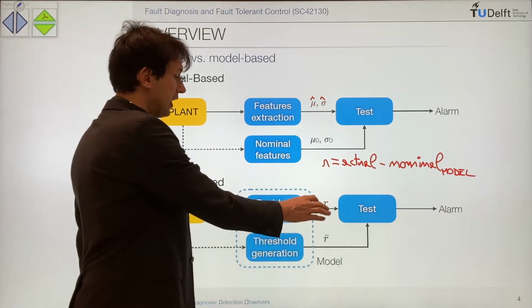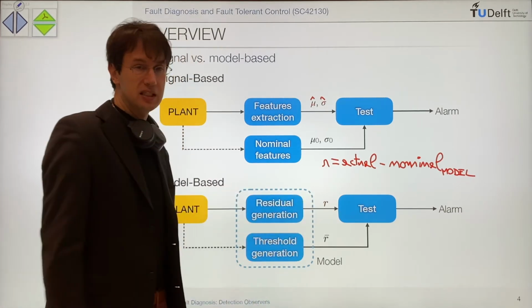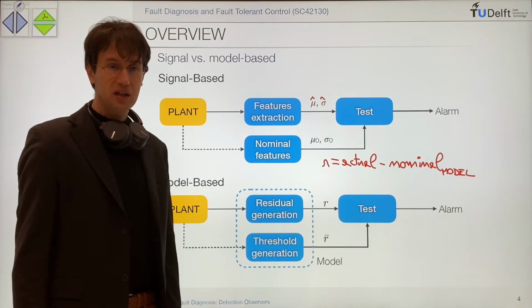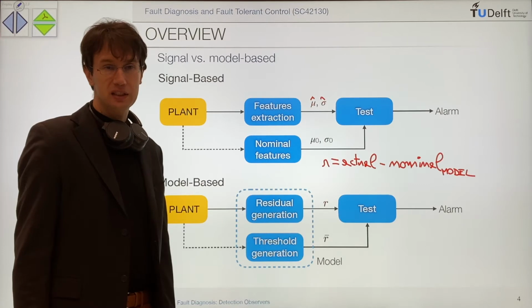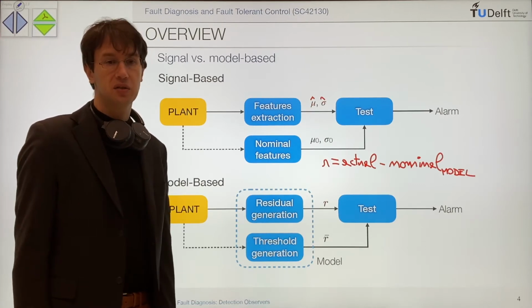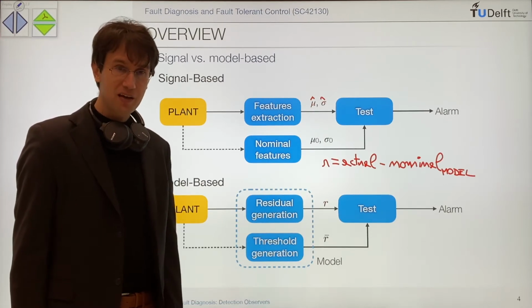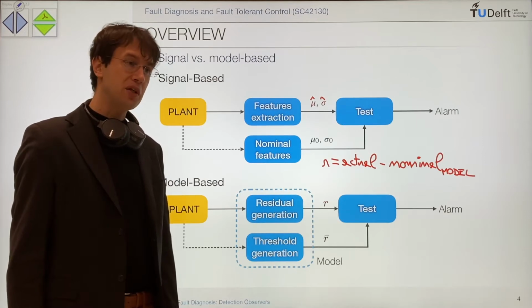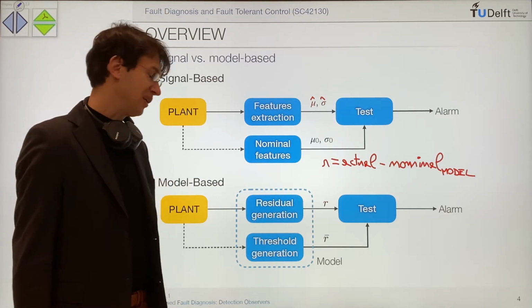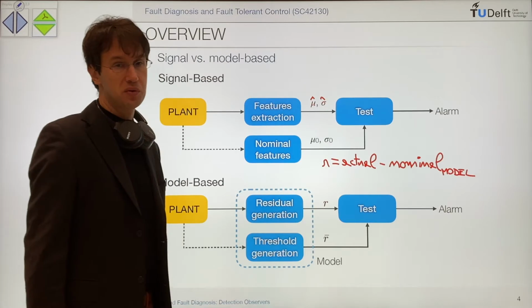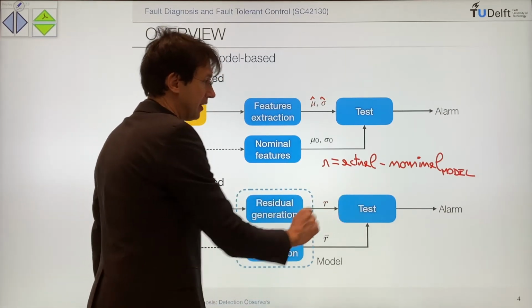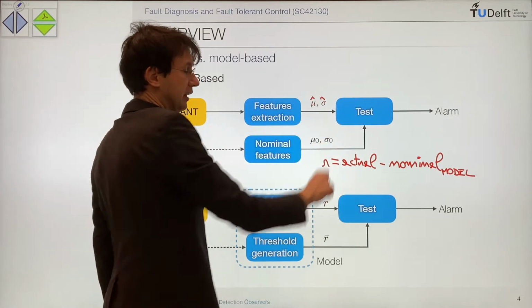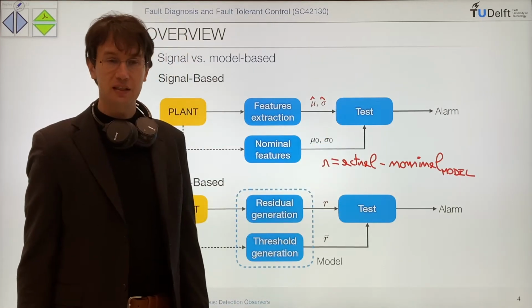In case we have a residual that is not a scalar, but is a vector, of course, we can use one of the approaches that we have seen previously in the lecture on limit checking for introducing an evaluation function and turning the problem of evaluating a vector into evaluating some suitable scalar. So indeed, the tests that we implement here, as well as the tests that we implemented before, were based on limit checking.